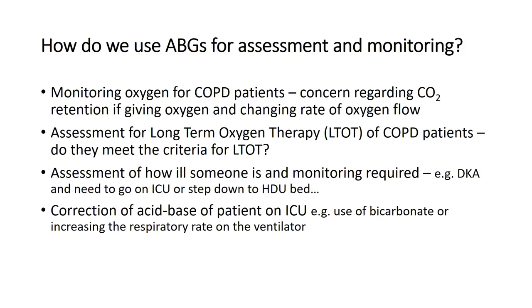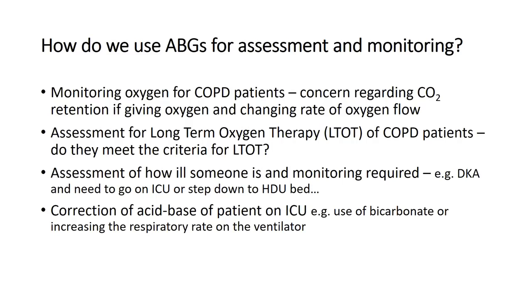They have chronic hypoxia, and this hypoxia has caused them to have the respiratory drive with the CO2 levels. If you suddenly give lots of oxygen, they don't have that hypoxic drive anymore, and therefore they retain carbon dioxide.